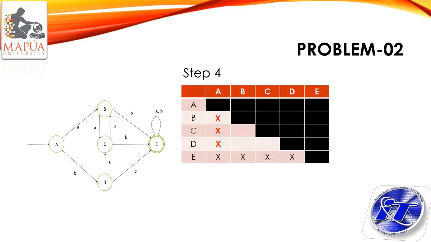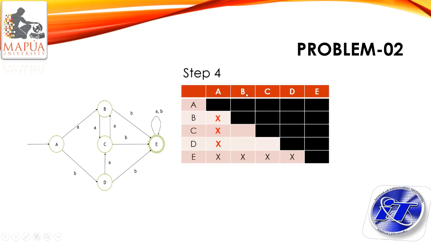In step 4, we're going to have a separate group for all states wherein all related cells on that state are marked, so it will be an independent group.